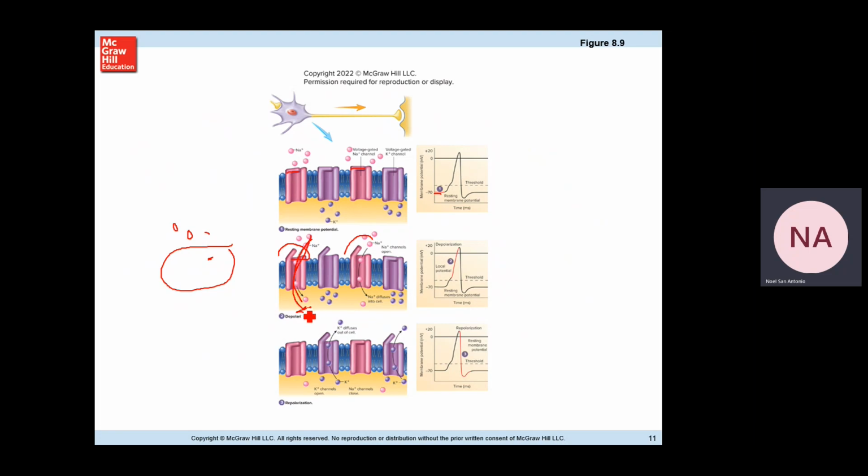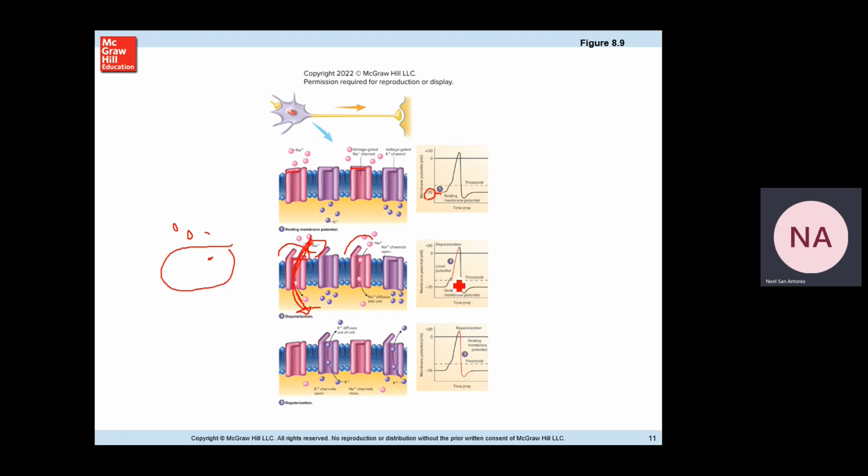Papasok yan. Kung kanina negative 70, biglang pumasok ang sodium which is positive. What happens to the membrane potential inside the cell? From being negative, it will become positive, again because of the entry of positive sodium ions.